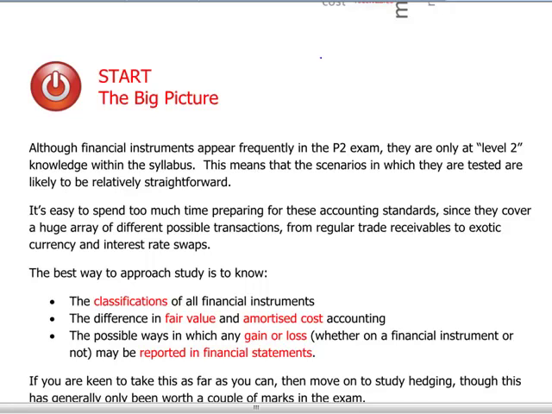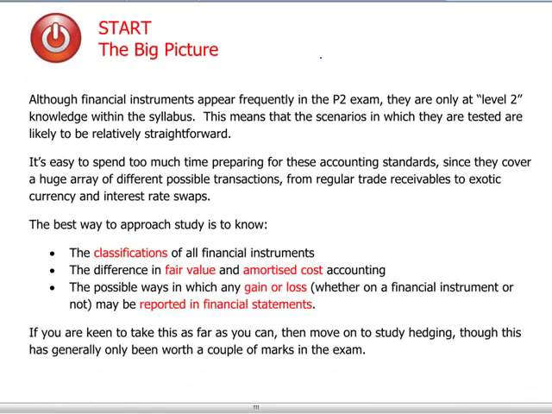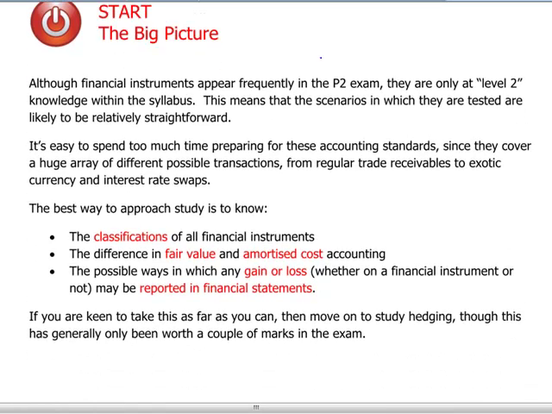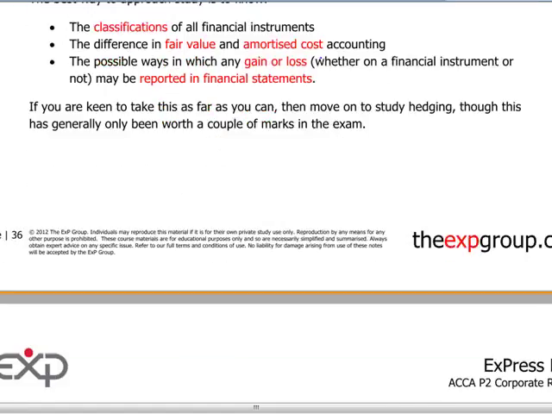The way to study for the exam is to know the following things with respect to financial instruments: their classification, what is a financial asset, what's a financial liability, how do we value it, how then we subsequently measure them, either at fair value or amortized cost, and you need to know the two accounting treatments, and how we can report the gains or losses on the financial instruments, which is either in your profit and loss account or in other comprehensive income.